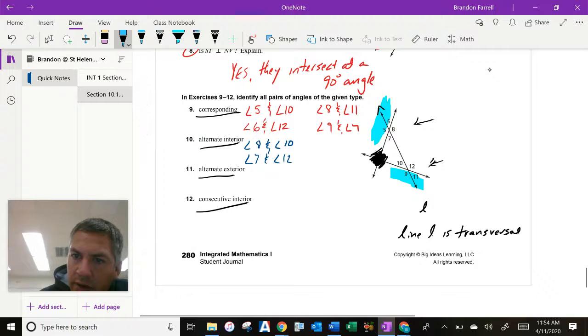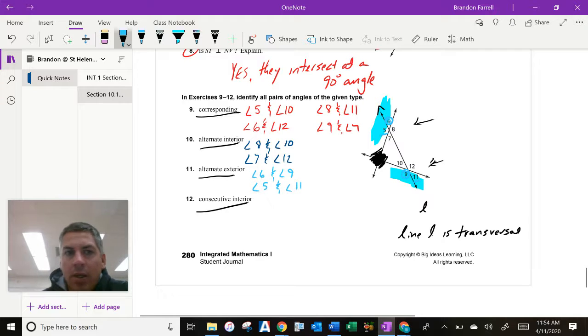Here is 6, and the alternate on the other side of the transversal is 9, angle 6 and angle 9, and then finally angle 5 and angle 11.